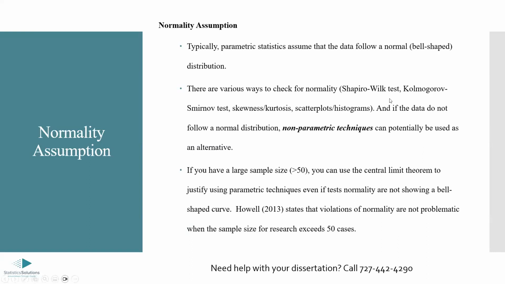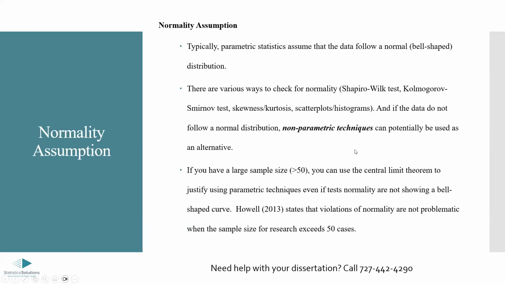So you'll want to check with your committee to see what method they want you to verify normality with. You can use tests of significance like a Shapiro-Wilk test or a Kolmogorov-Smirnov test. These will provide you with a p-value that tells you, does the data meet normality or not? You can look at skewness and kurtosis statistics, and you can look at scatter plots and histograms. So there are so many methods to check for normality. You'll want to see what preference your committee has and what method to use.